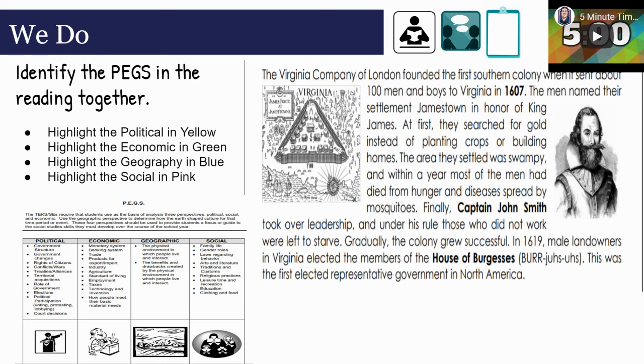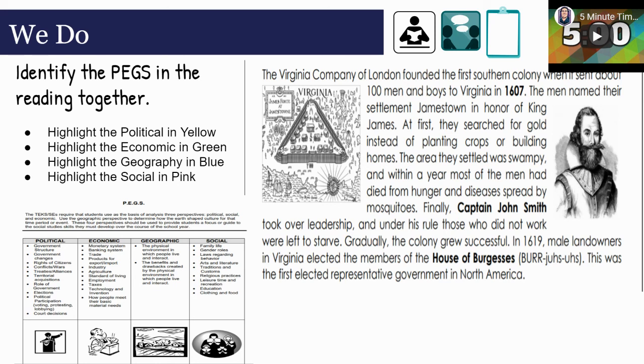Okay. So the Virginia Company of London founded the first Southern colony when it sent about 100 men and boys to Virginia in 1607. The men named their settlement Jamestown in honor of King James. At first, they searched for gold instead of planting crops or building homes. The area they settled was swampy, and within a year, most of the men had died from hunger and disease spread by mosquitoes.